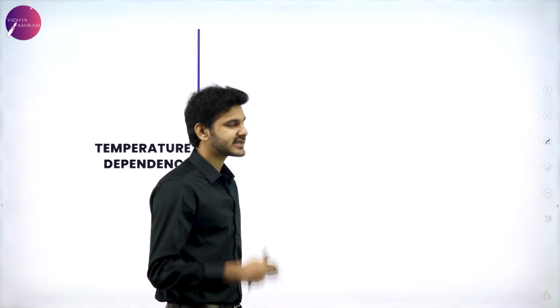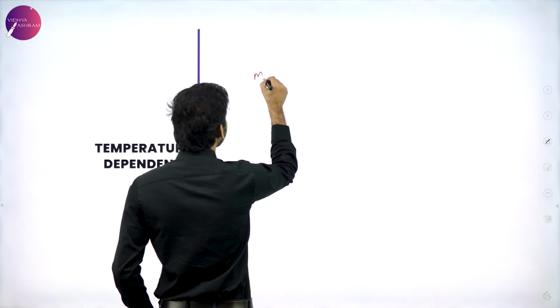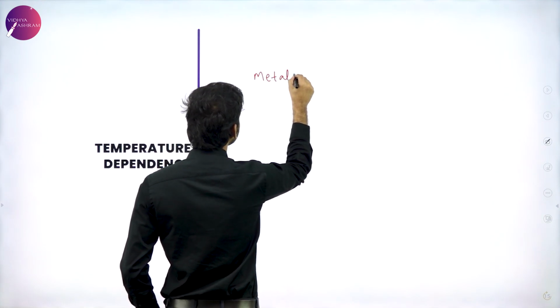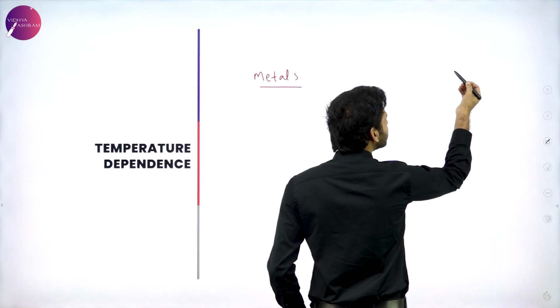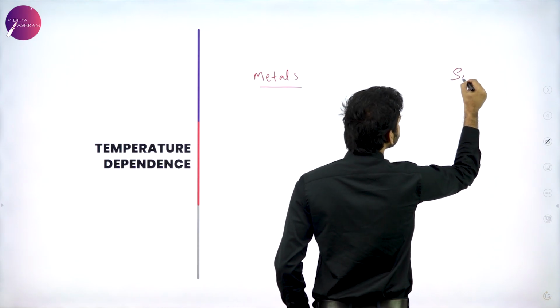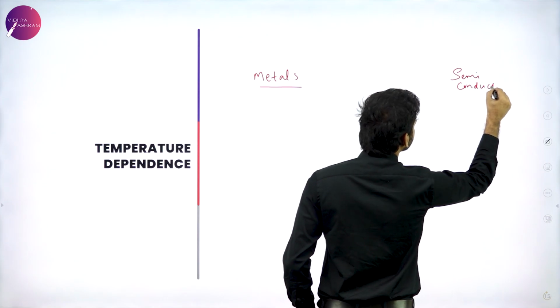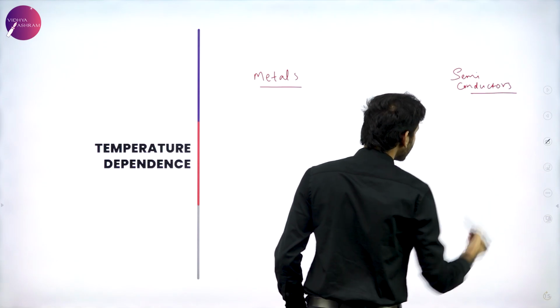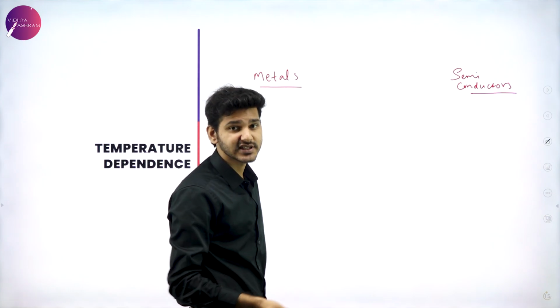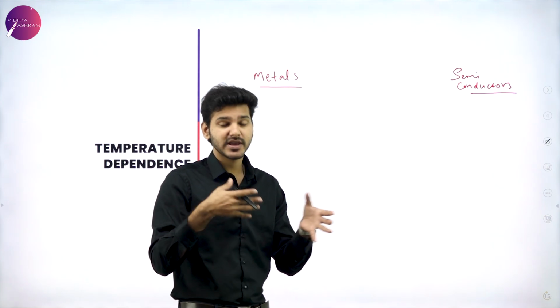So let's take 3 examples. That is for metals, for semiconductors, and finally for alloys, when two metals are combined together to make something new.